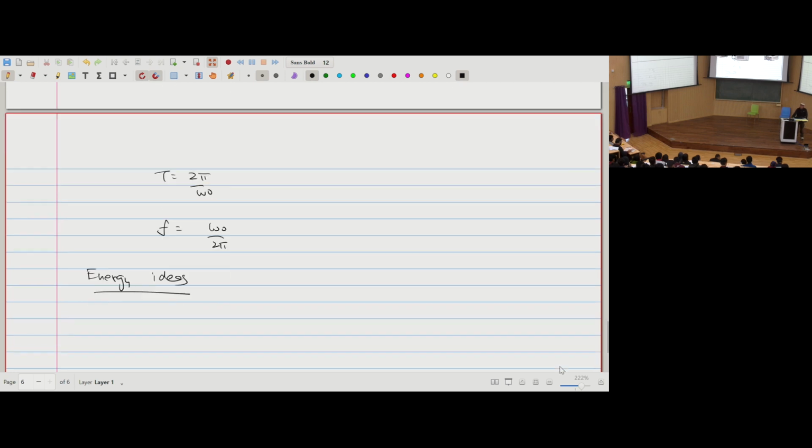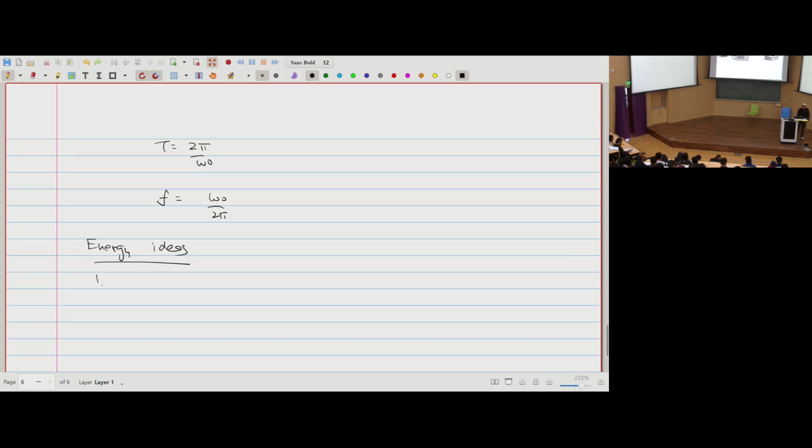Now from the energy side, the system constantly exchanges potential energy with kinetic energy. So the potential energy is half k x squared. Now x is a function of time, so I can write this as x of t squared.